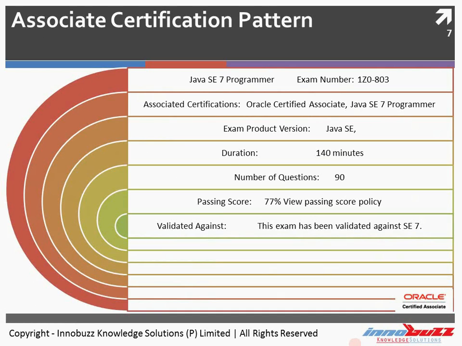Duration is 140 minutes and the number of questions is 90. The passing score for this certification is 77%, and it is validated against Standard Edition 7. You can check the passing score policy, but the passing score is 77%.